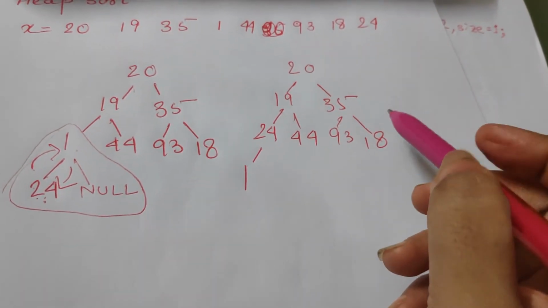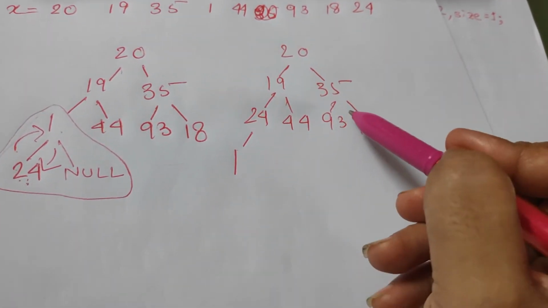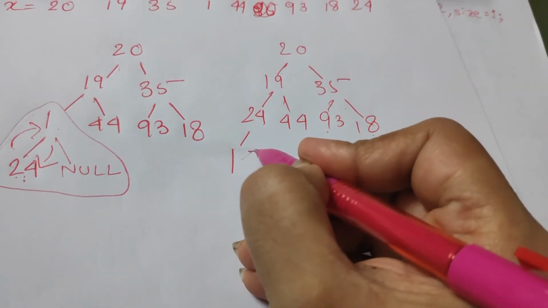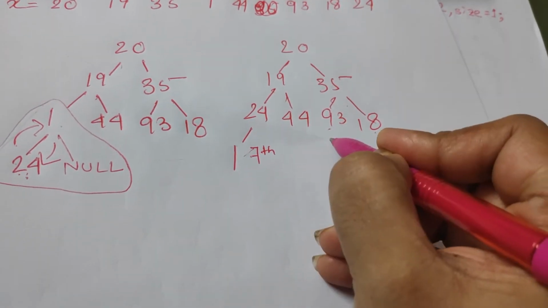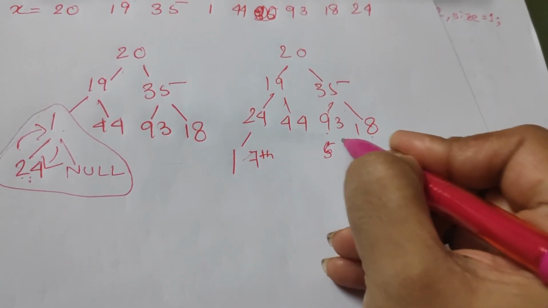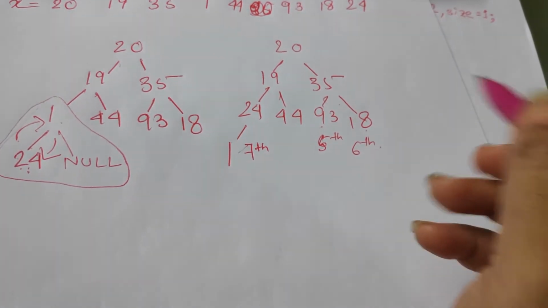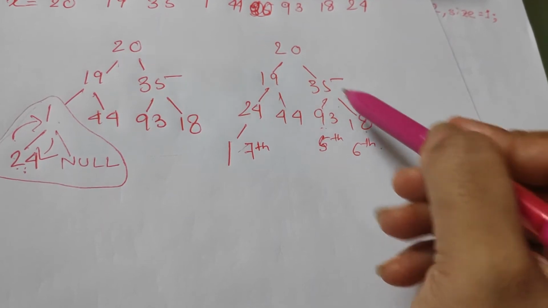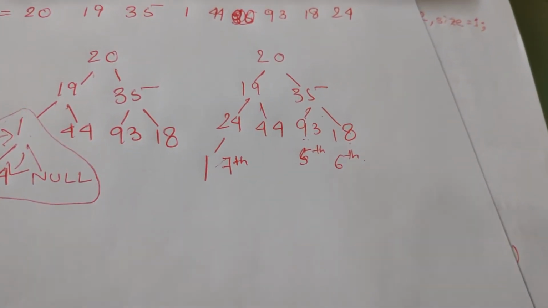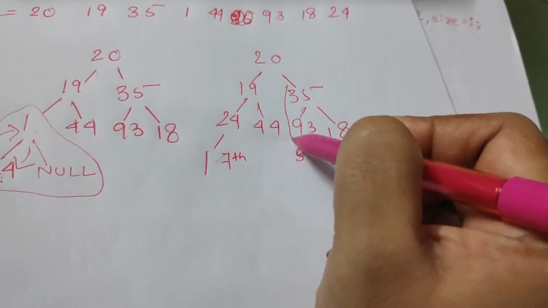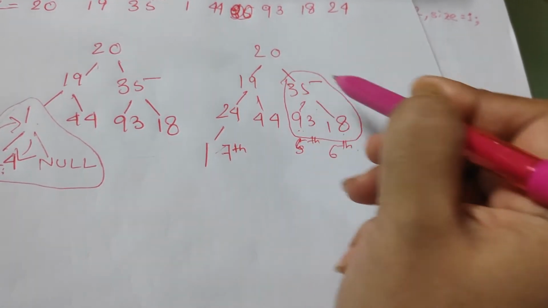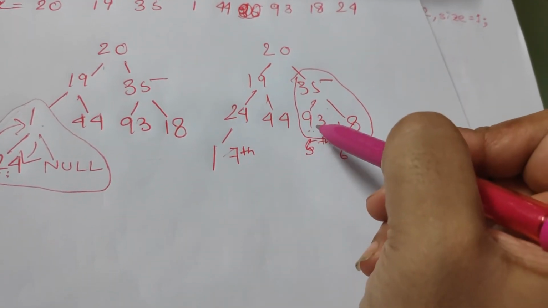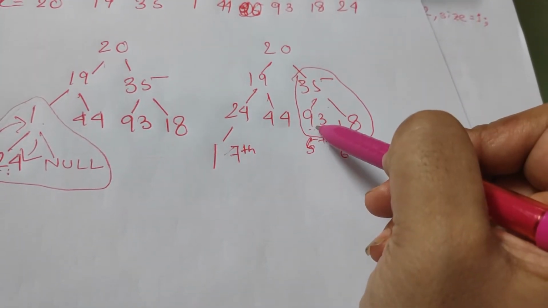Okay. Now, after this, we will go to 93, 18 and 35. See, this was your 7th index. Now we will consider the 5th index and the 6th index and the parent. So we will check which is the maximum node out of these 3 nodes. The maximum node out of these 3 nodes is 93.